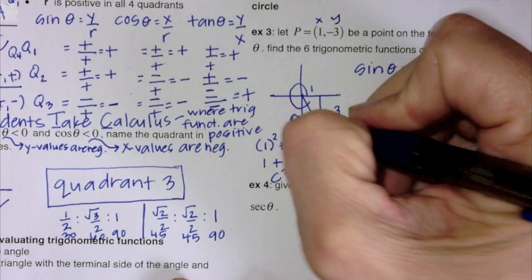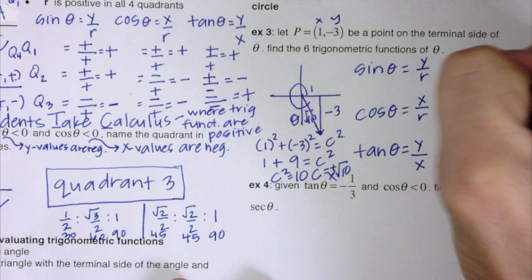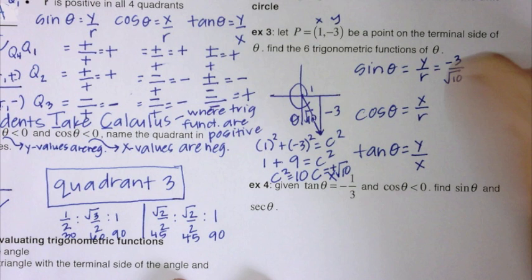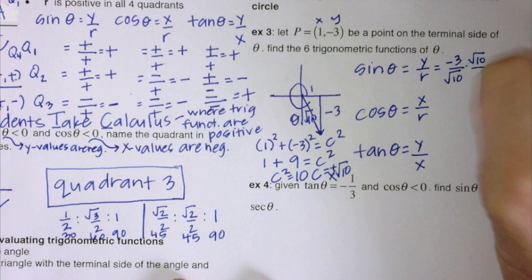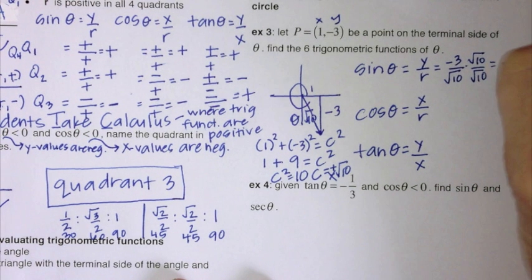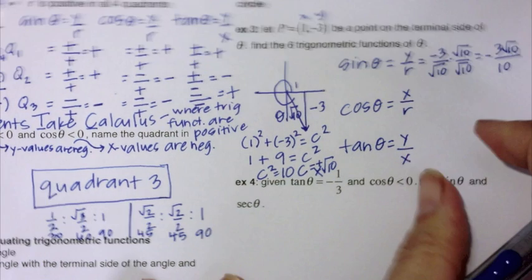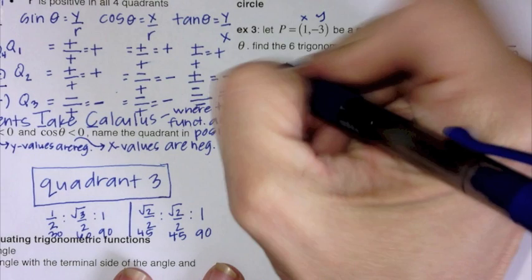So now that we know this is root 10, we can just do this. Sine is going to be negative 3 over root 10. Going to rationalize and get root 10 over 10, which is negative 3 root 10 over 10. I kind of ran out of room right here, but I want to say what would cosecant theta be?